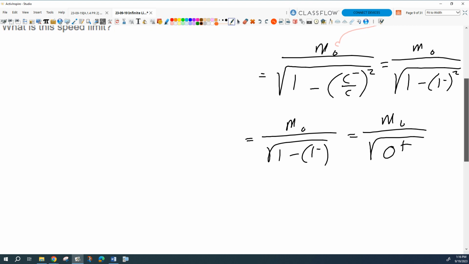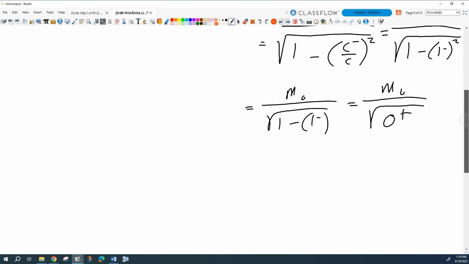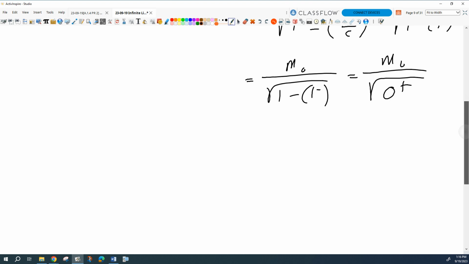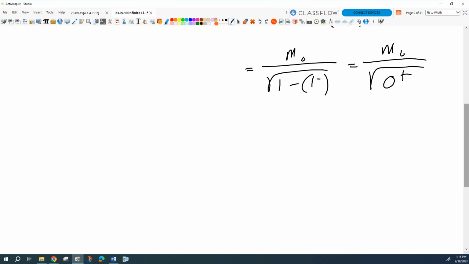Square root of a very small positive number is just another very small positive number, right? Agreed? Okay, how big is that? Some constant divided by 0 is? What's the sign?